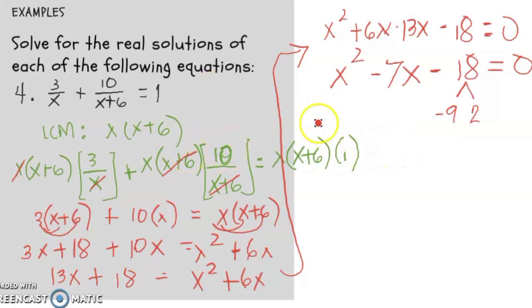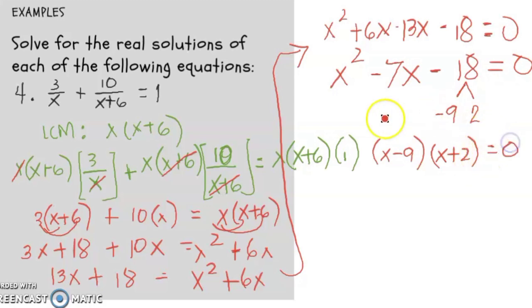Okay, so, ang factor ni x squared minus 7x minus 18 equals 0 are x minus 9 times x plus 2 equals 0. Then, we solve it. So, we have two factors. So, x minus 9 equals 0 or x plus 2 equals 0.